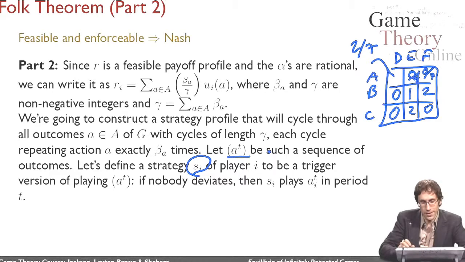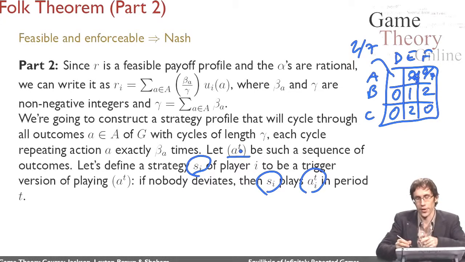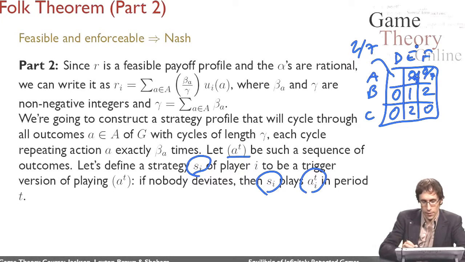If nobody deviates, then Si tells the player to play just what AT would tell them to play. So the players begin by cycling through these outcomes in just the way that I told you. But if one player notices that the other player didn't do what they were supposed to do according to AT, then they hit the trigger, and from that point on they play the min-max value against the other player.